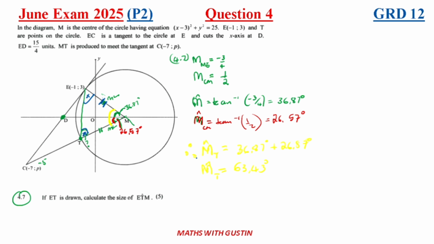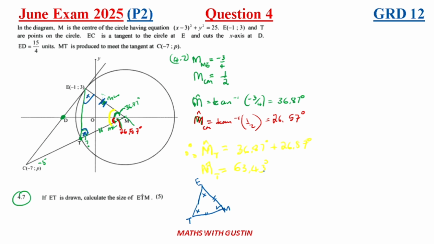So now we can say we have got a triangle like this one. If you remember Euclidean geometry, guys, we've got an E there, we've got our M here, we've got a T there. We're looking for T. We already know this angle M. These two are equal because of the radius, so we can just add the two together and then find the other one.